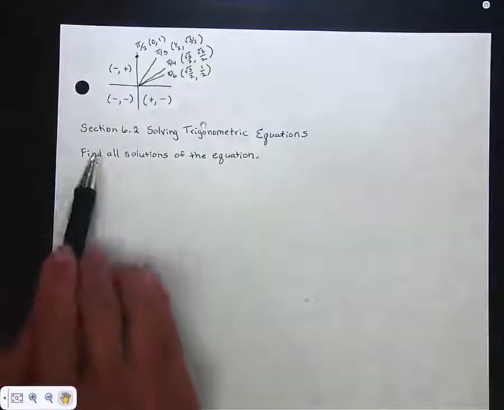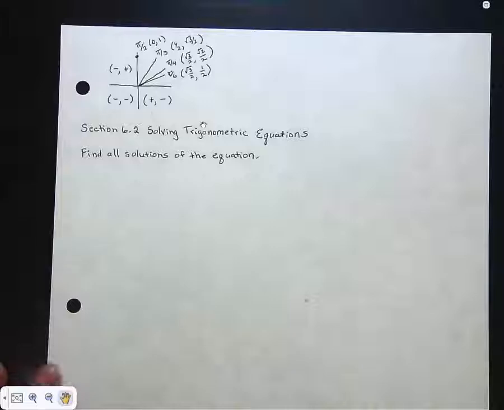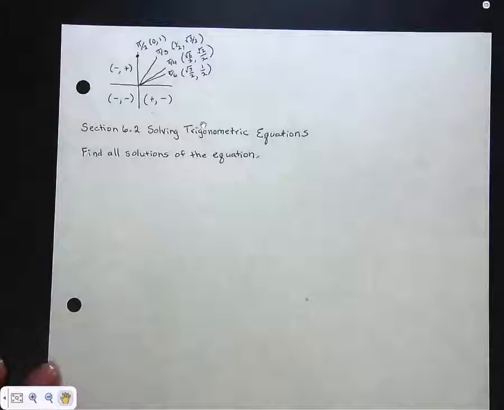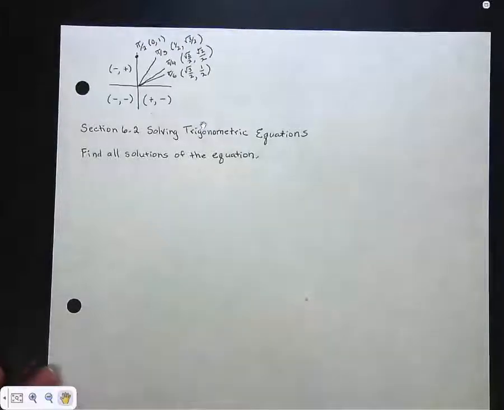So when the directions say find all solutions of the equation, it means in infinitely many revolutions of the unit circle, and we'll have to talk about how to write that, how to indicate in your solution that you have all infinitely many revolutions of the unit circle. All right, I wish there were some magic steps that I could give you for solving trigonometric equations. I can give you some hints, some things to think about, but unfortunately there are no magic steps.